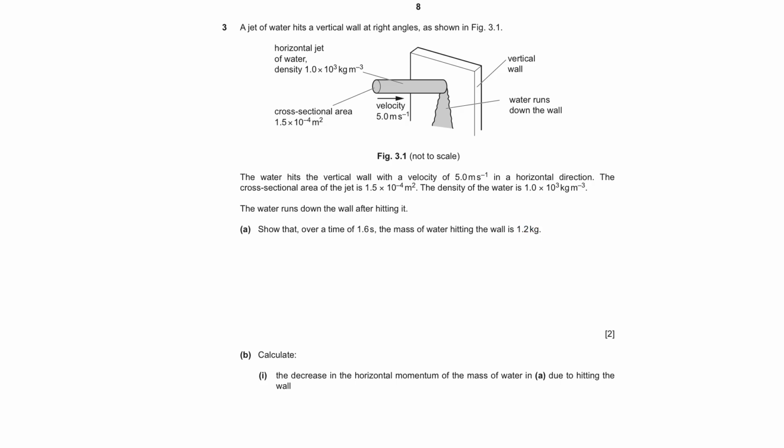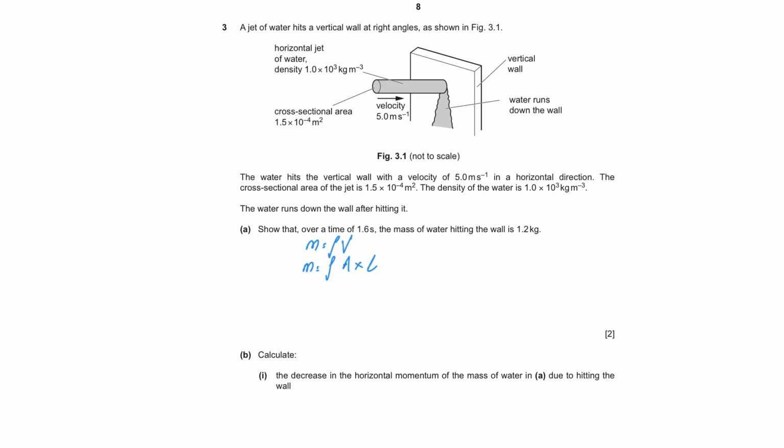Now, they want us to calculate the mass. We know that mass is density times volume, or mass is density times the cross-sectional area times the length. We do have the density, we have the cross-sectional area. The problem is length.